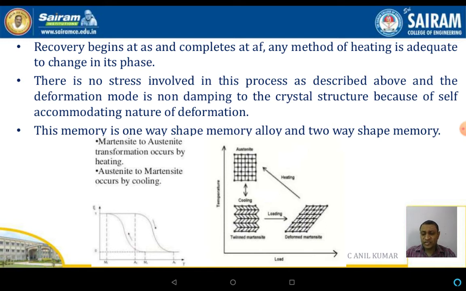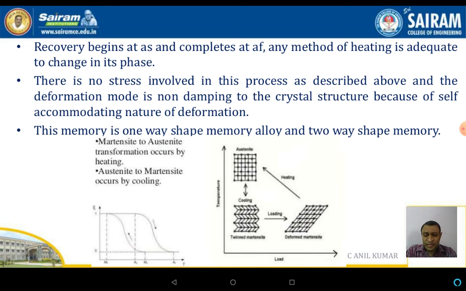The martensite start and finish go from 0 to 1, and the austenite start and finish go from 1 to 0, where the xi value, which is the damping value of the material, varies from 0 to 1. The right side graph explains the crystal structure of the shape memory alloy.